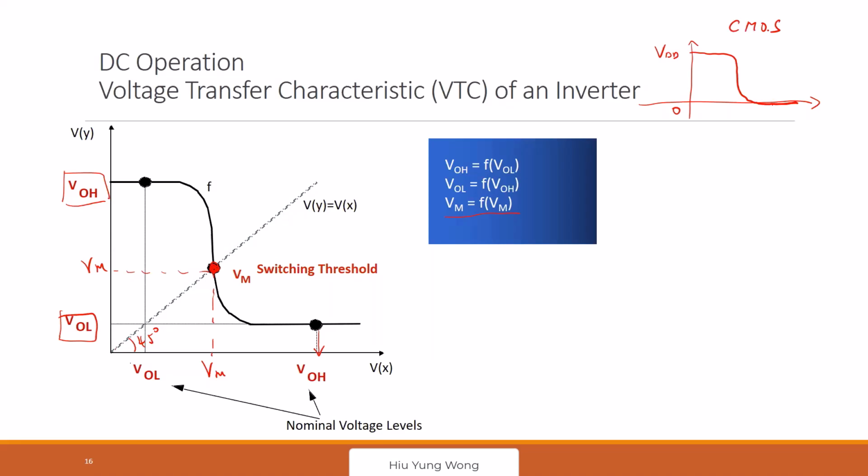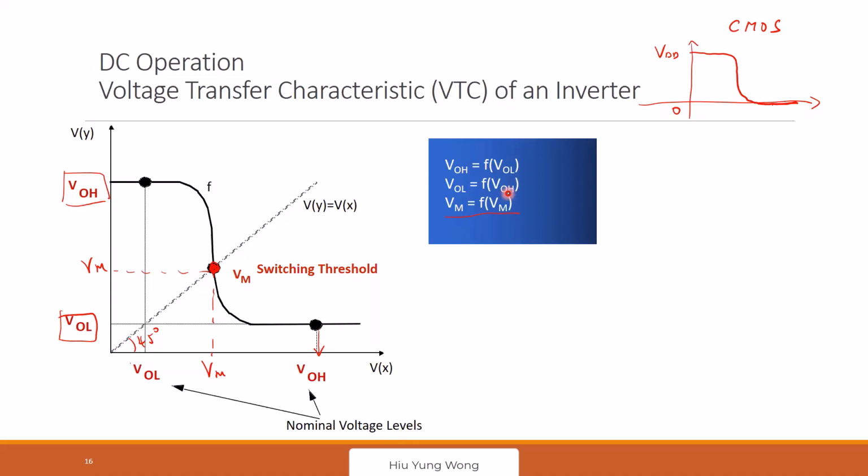In the old days, or even nowadays, we have some logic that does not guarantee output low equal to 0 or output high equal to VDD. By definition, output high is the output when you input output low, and output low is the output when you input output high.